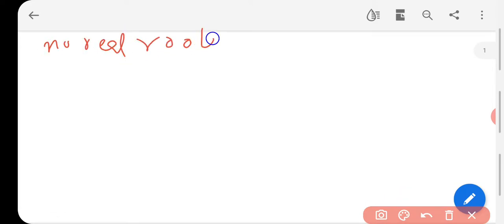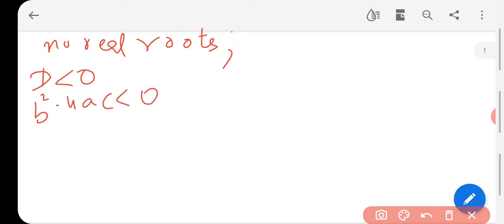See, the condition is no real roots, and when there is no real root, it means D is lesser than 0. What is D? B square minus 4ac is lesser than 0. What is the value of b in the given equation?